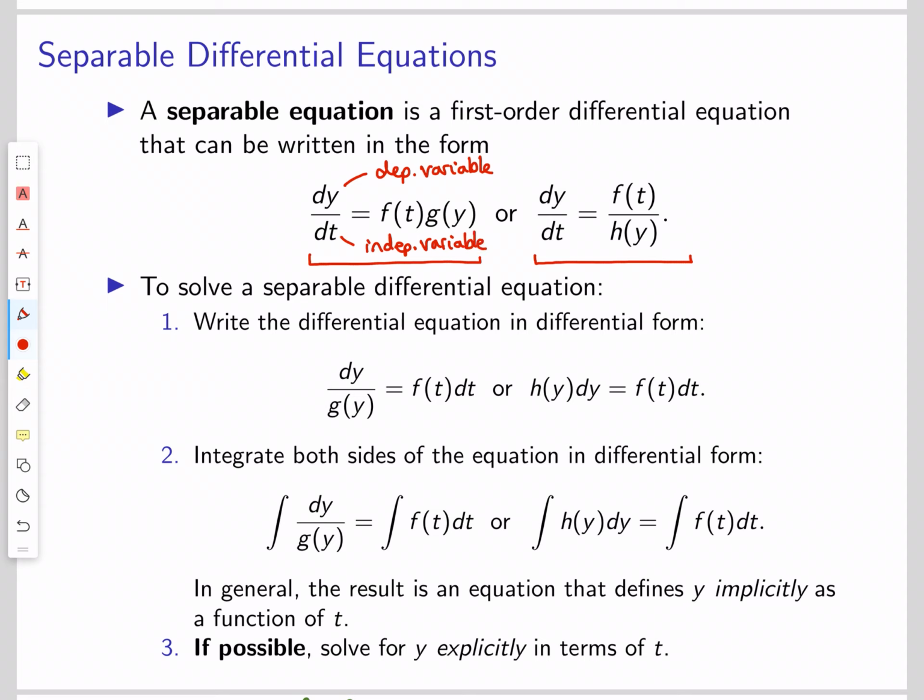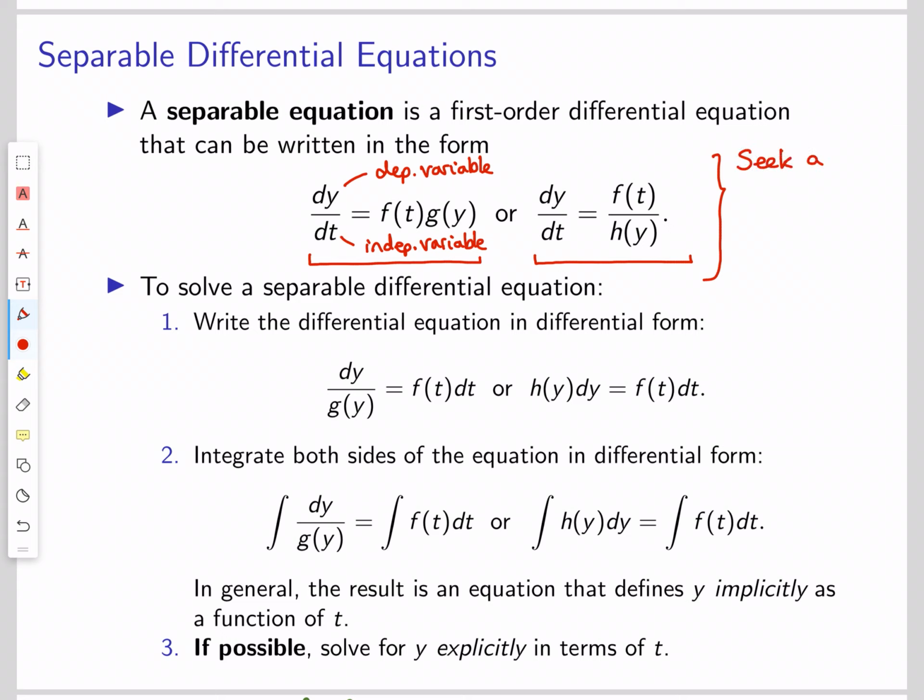If on the right-hand side you can separate it into a product of a function of t and a function of y, or you can write it as a fraction where the numerator is a function of t and the denominator is a function of y, or the other way around, then we have a separable differential equation. And remember that for a differential equation, we need to find a function.